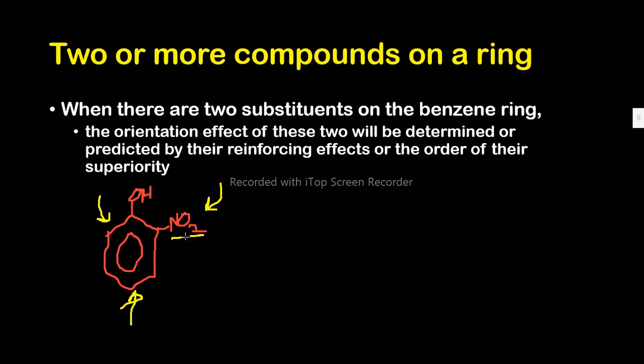But the nitro group, for it, is a meta director, and a meta director, according to this nitrogen, directs to this and this. So the incoming electrophile, when it is going to attach on this benzene, will either attach here or here. Now for me, I call it madness.